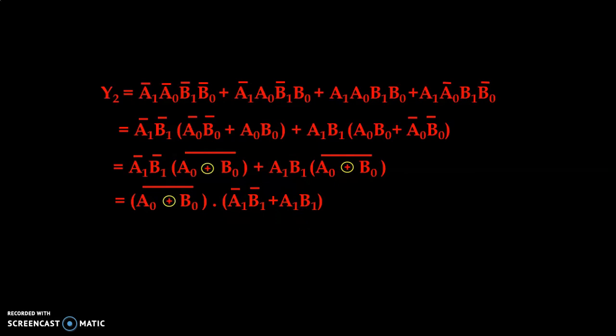So if we substitute again exclusive NOR gate, then our equation becomes A0 exclusive NOR gate with B0 dot A1 exclusive NOR gate with B1. So this simplified Boolean function we can use for implementation of the logic circuit.